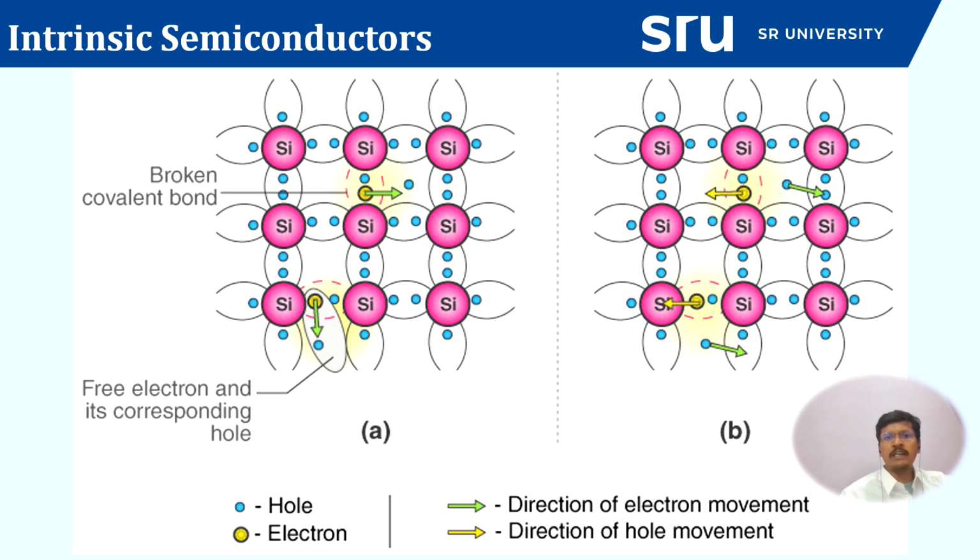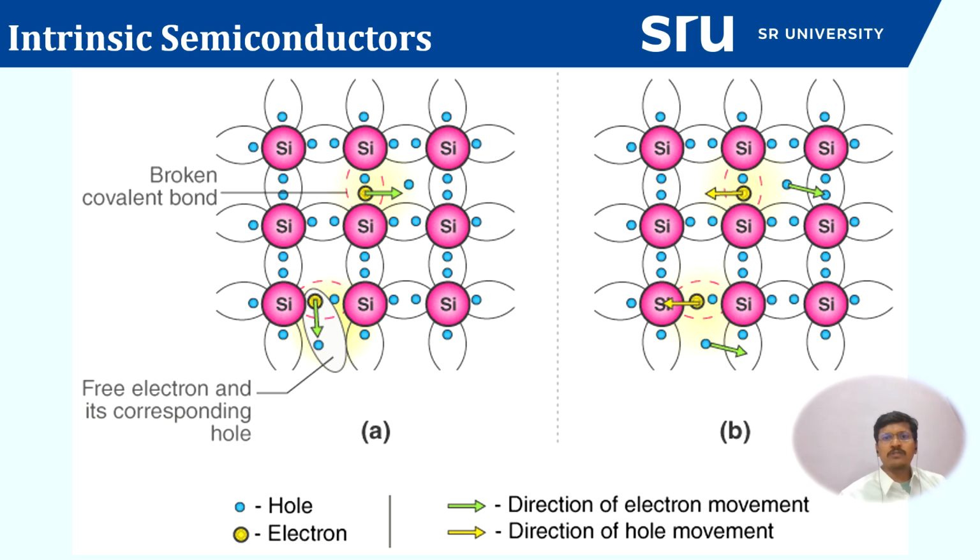So whenever the bond breaks, one electron leaves its original position, creating a hole. That hole will attract another electron from the nearest neighboring atom, so the hole shifts to that position. It will be continuous. The electrons and holes continuously move to create the free charge carriers.